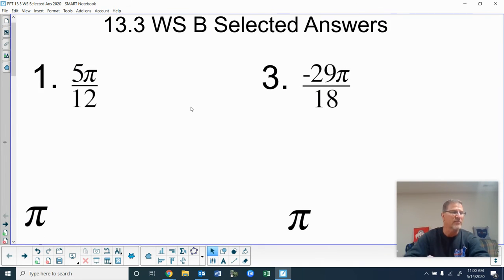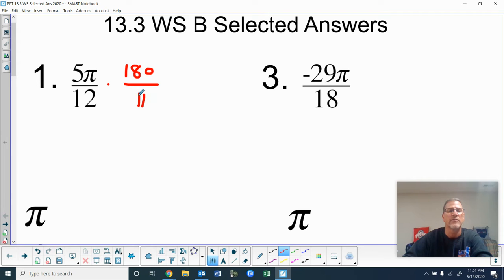This first one is number 1 from the worksheet, and we are changing from radians to degrees. So when we do this, we will multiply by 180 over pi, so that the pi's will get canceled. All right, we're going to just cancel those right now.